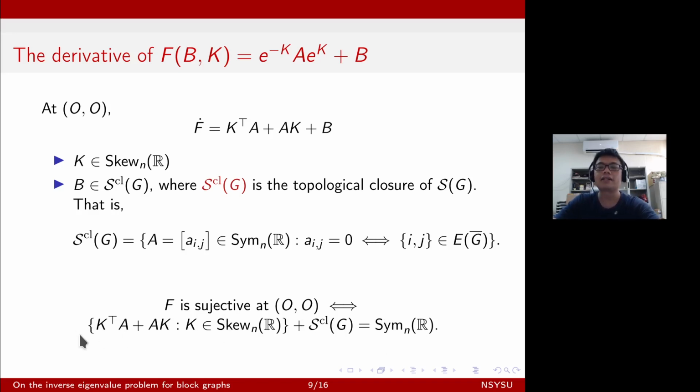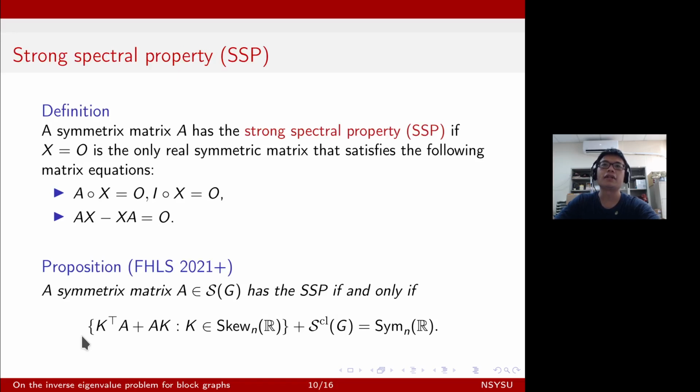But somehow classically, the definition of the SSP is the following. The whole name is the strong spectral property, and it uses a matrix A to define a few equations. If X equal to 0 is the only real symmetric matrix that satisfies the following three equations, then we say A has the strong spectral property.